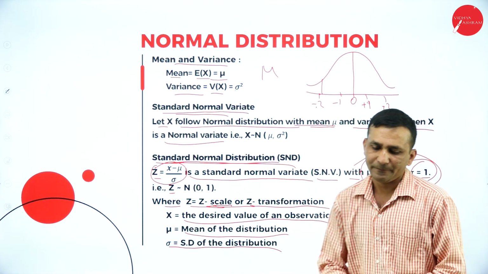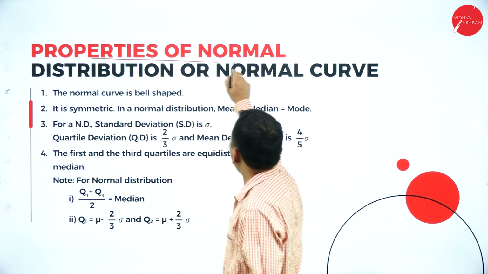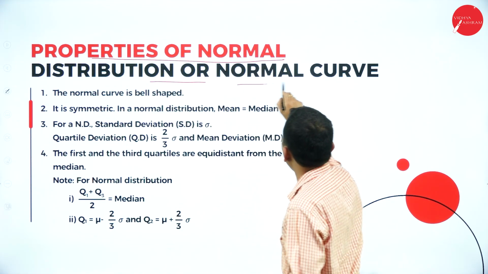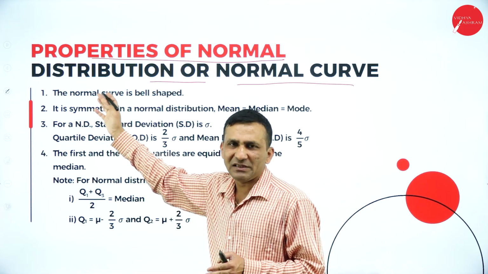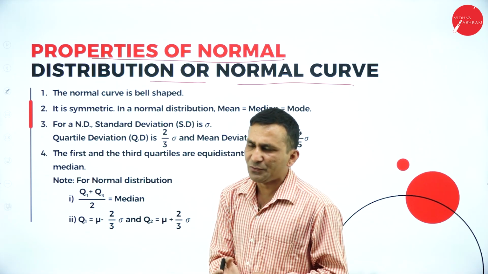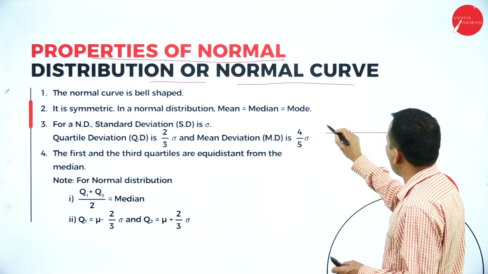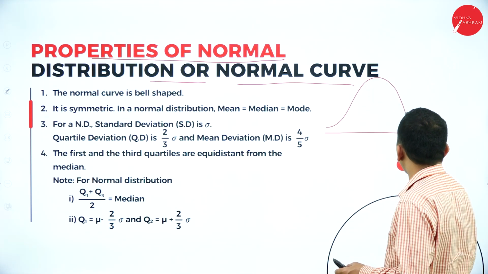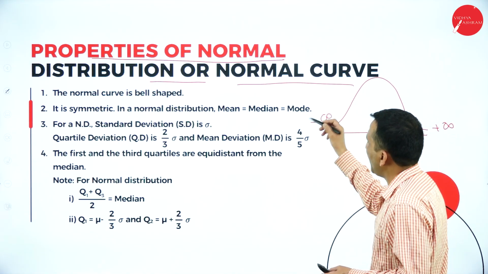Moving forward, the properties of a normal distribution or normal curve is an expected question, so this is the theory part: what properties can we identify in the normal distribution. One more time I am drawing this bell-shaped curve, with plus infinity and minus infinity.